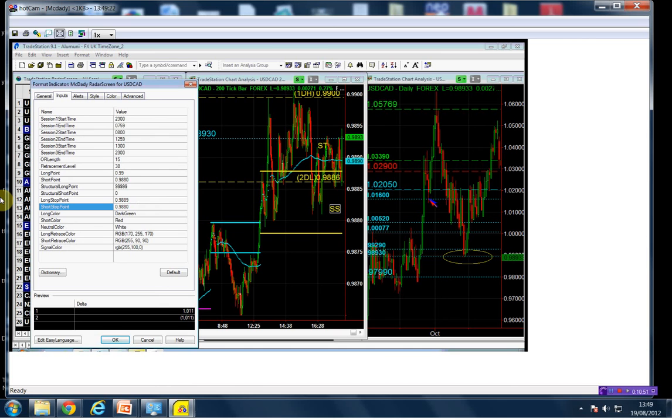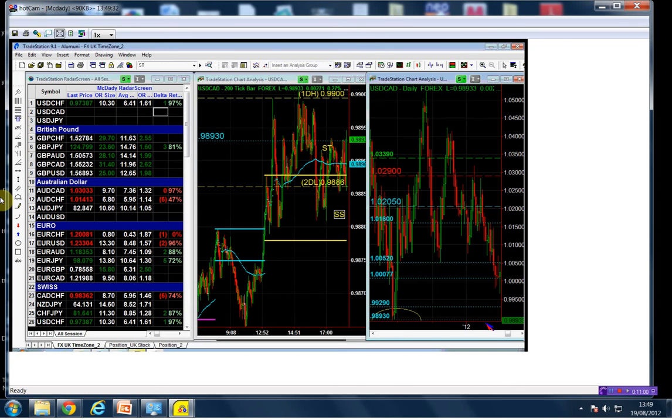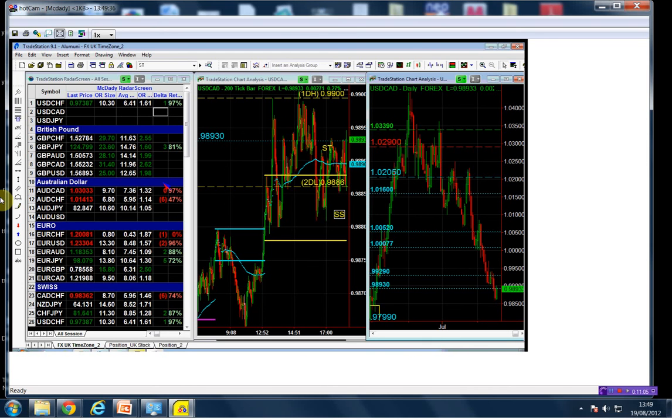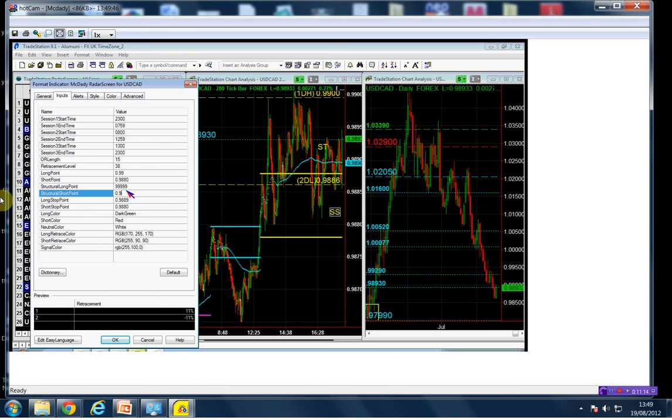The structure short side, let's get the structure long and short. The structure short point is the 97. And the structure long point is the 99.29.